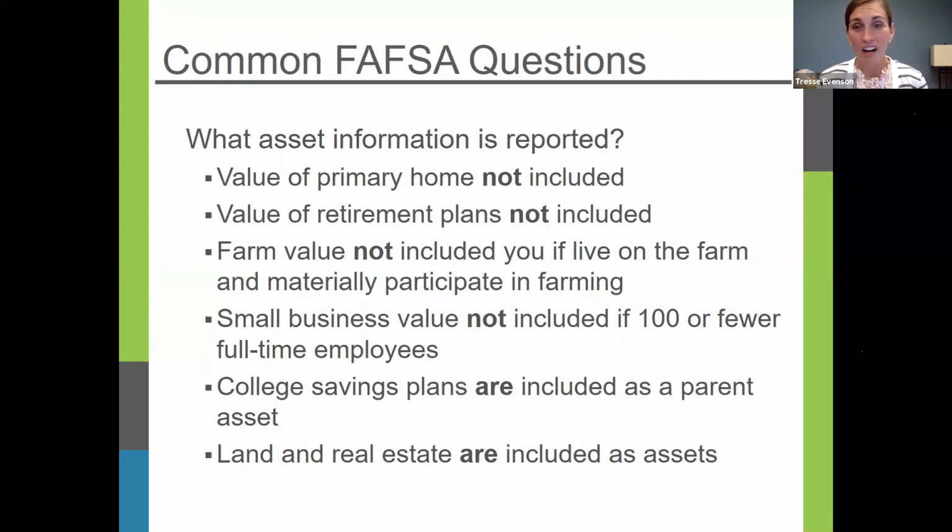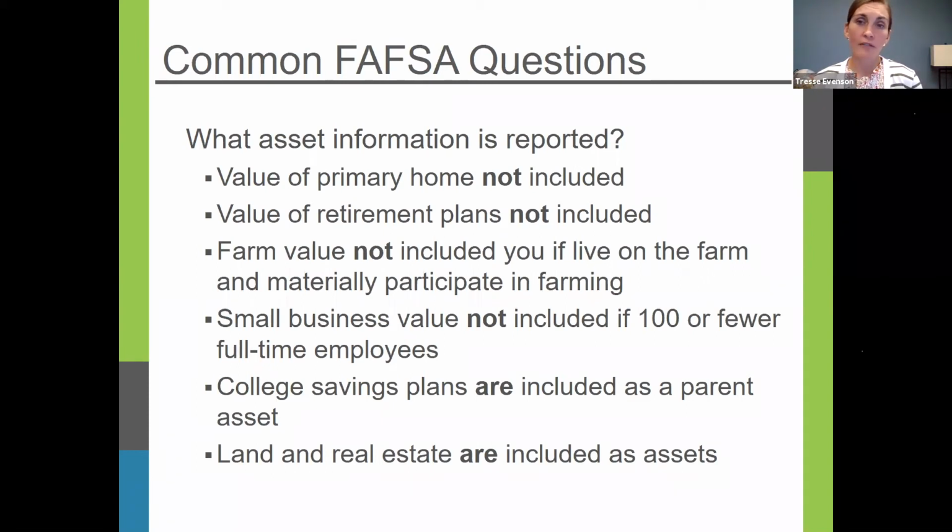Two things that are assets are college savings plans. The whole value of the college savings plan, like a 529 plan, is included on the parent's asset. It's a parent asset on the parent side of the FAFSA. And that can get annoying because you might have 3 children and $30,000 in a college savings plan. In your mind, you've got $10,000 per kid.